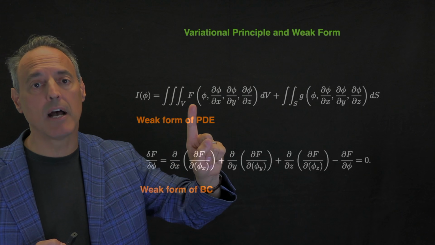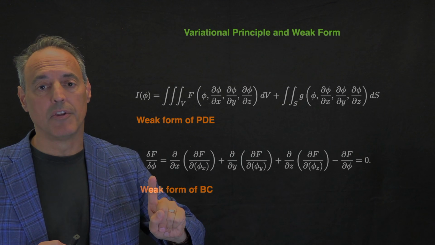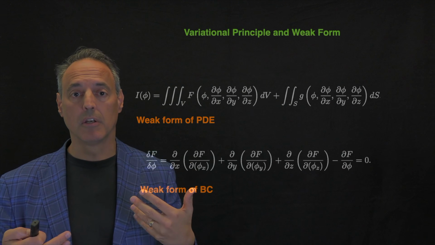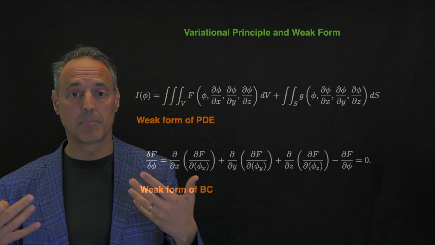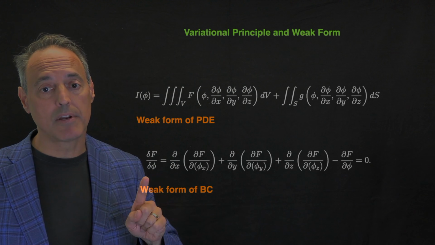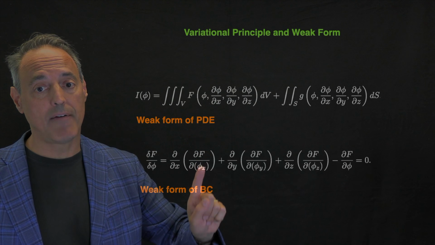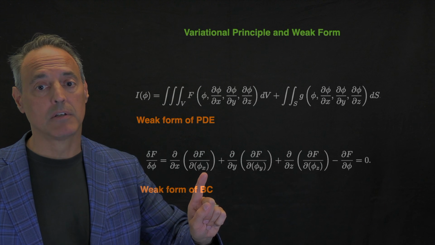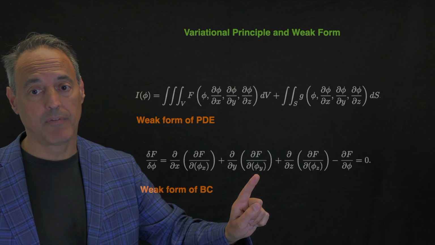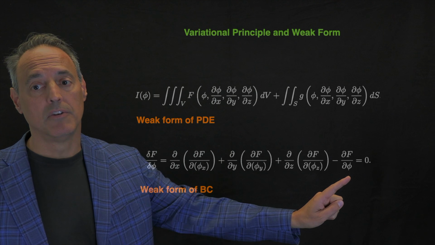But in the interior, what we're going to think about is this function f, if I take variational derivatives of this. The variational derivative is a generalization of the derivative concept itself through calculus of variations, and that derivative is defined by the following. So you take the partial derivative of f with respect to phi of x, then the x derivative, take the partial derivative of f with respect to phi of y, and the y derivative, and so forth, minus the partial derivative of f with respect to phi.